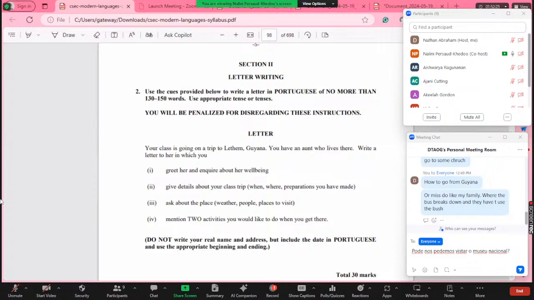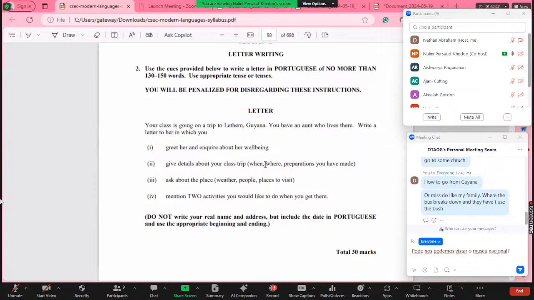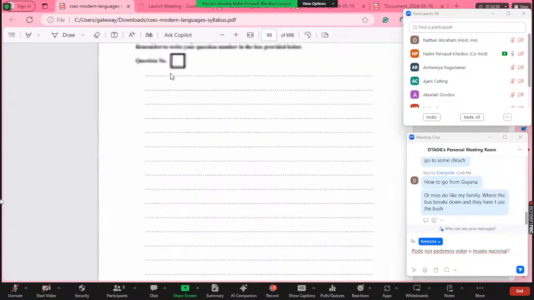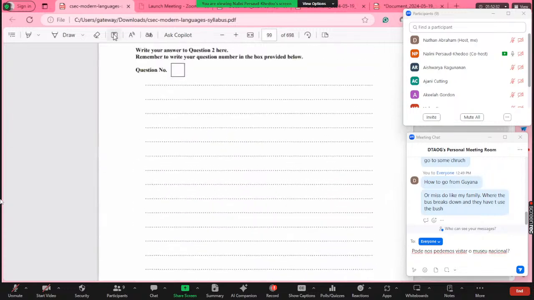Now, this is what you can go into the exam with. You can have your village name. Let's say you live in Timeri, so you put Timeri. And then your date.